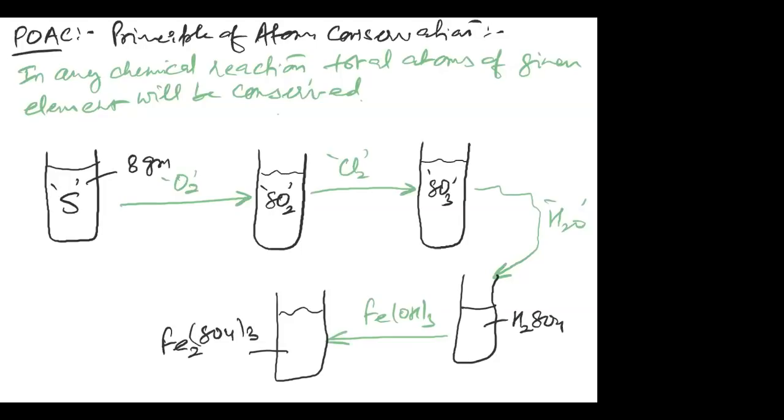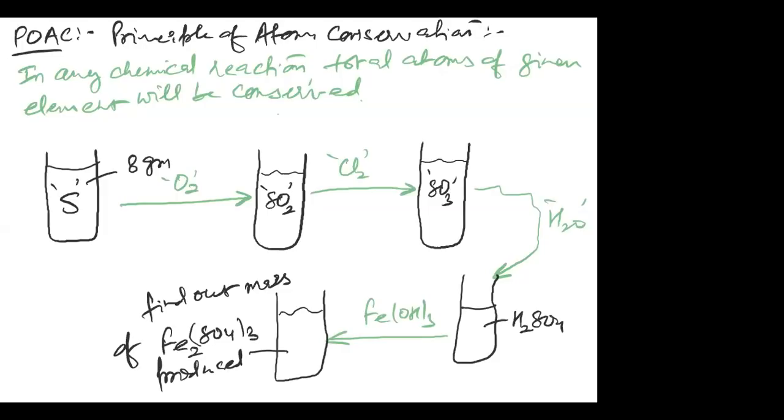Now the typical question may be: find out the mass of ferric sulfate produced from 8 grams of sulfur in the given series of reactions. So the typical question of principle of atom conservation, POAC: from 8 grams of sulfur, how much mass of ferric sulfate gets produced.